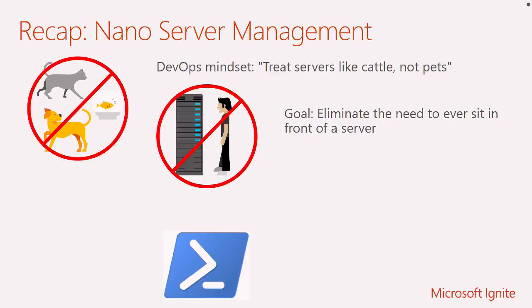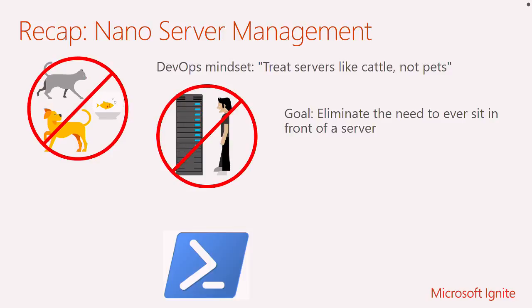The thing that's actually been most fascinating is when I first talk to people about using Nano Server, and I talk about the fact that you can't log in and you have to do remote management and so on, there are a lot of people, and there are probably a lot of people in this audience, who feel a little uncomfortable with that. Because it's like, that's not what we're used to.